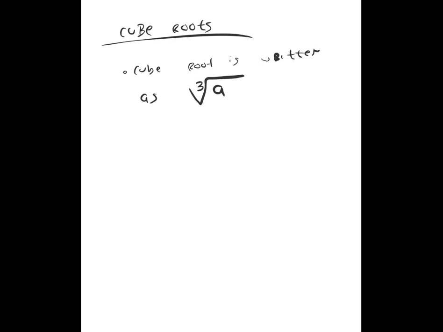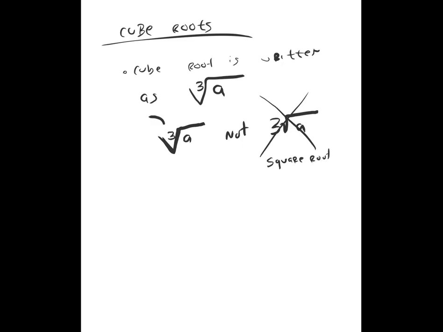And be very careful. It is a small 3 inside this symbol. It is not a 3 in front of it, then a square root. This 3 has to be on the inside. Understand that. The 3 is on the inside of that little symbol, not in front of it.